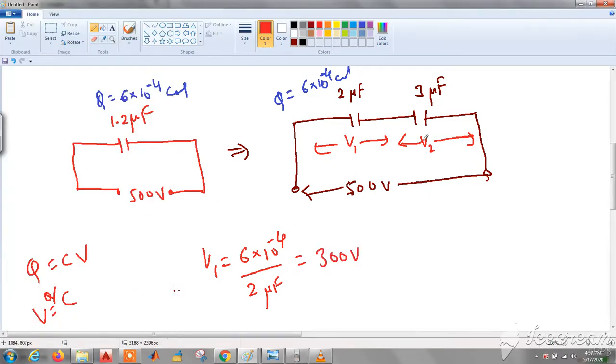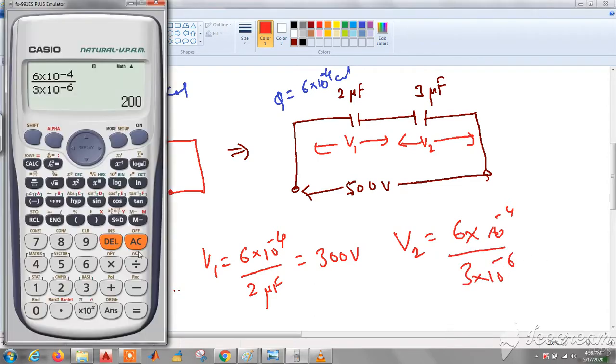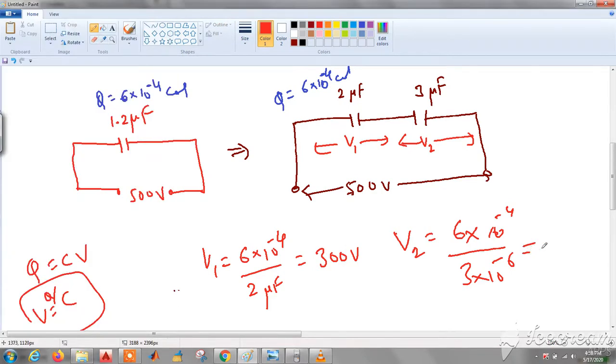Coming to V2, we can directly calculate it as we know V1 plus V2 is equal to 500 volts. So I can directly say that V2 is 500 minus 300, that is 200 volts. But if you want to verify, you can use the formula V is equal to Q by C, that is Q is 6 into 10 power minus 4 and C across V2 is 3 micro. We are getting 200 volts.